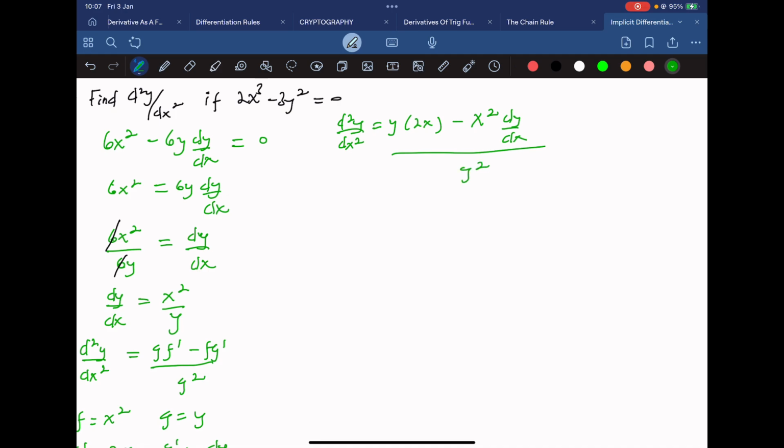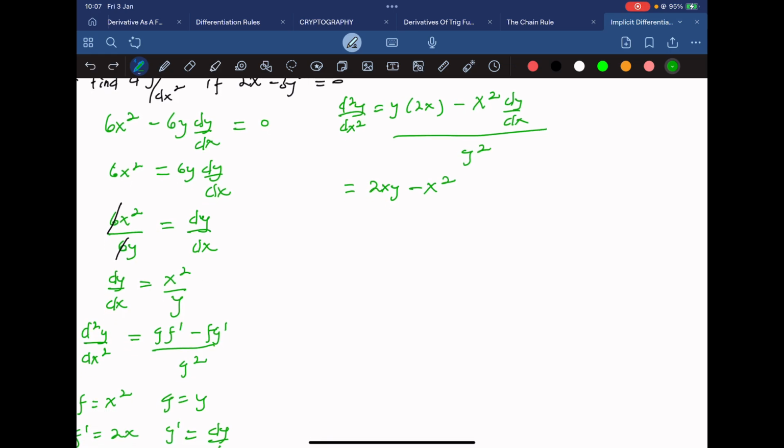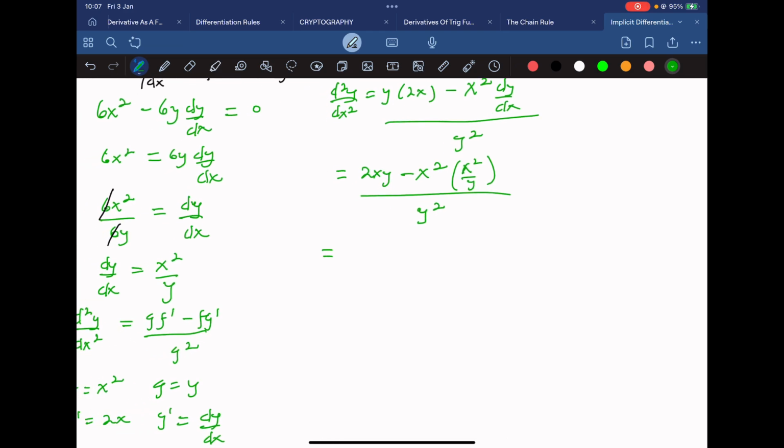So this simplifies to 2xy minus x squared dy/dx over y squared. But note, for the dy/dx, we've already solved it. We had x squared over y here, so we can just do our substitution. So we have x squared over y, then over y squared. So this is simply 2xy.